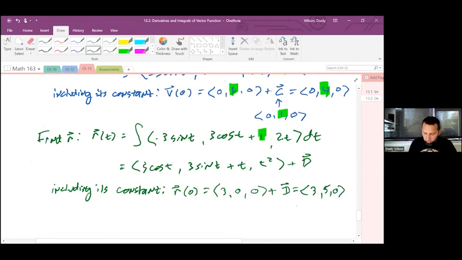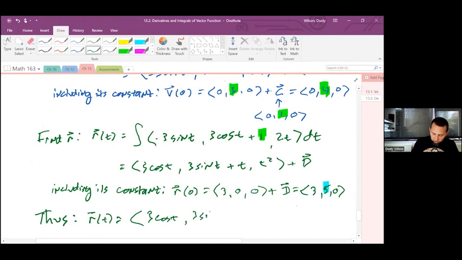So the 3's match, but clearly we need d to account for the 5 in this middle term. So we can conclude that our hang glider follows the path r of t equals the r of t that we found earlier, 3 cosine t, 3 sine of t plus t, and t squared.